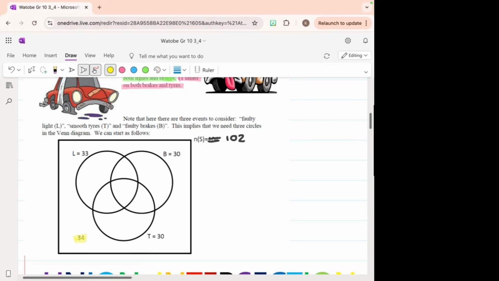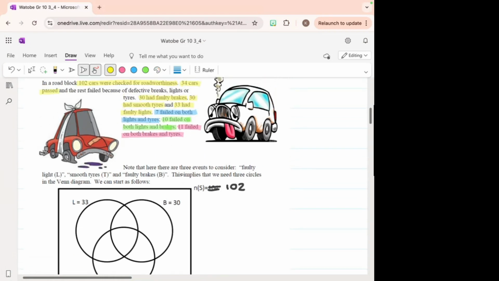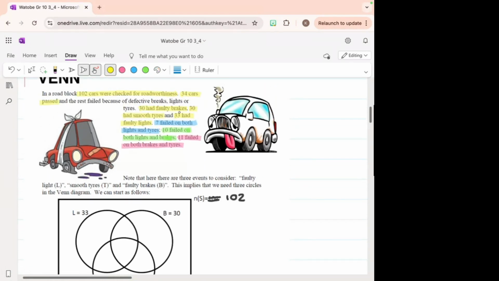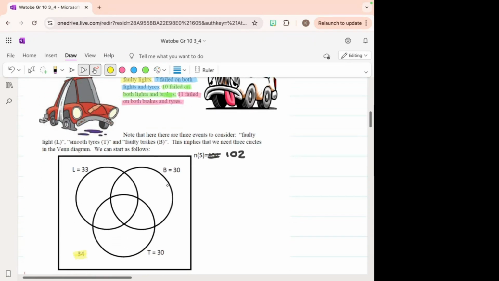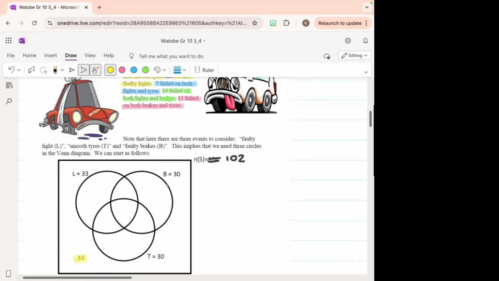Now, I know I need to have L for lights. I know I need to have B for brakes, and I know I need to have T for smooth tires. Okay, so L is equal to 33. Where do those 33 come from? We're going to move up here again. Okay, so L, 33 had faulty lights. 30 had faulty brakes, and 30 have smooth tires.